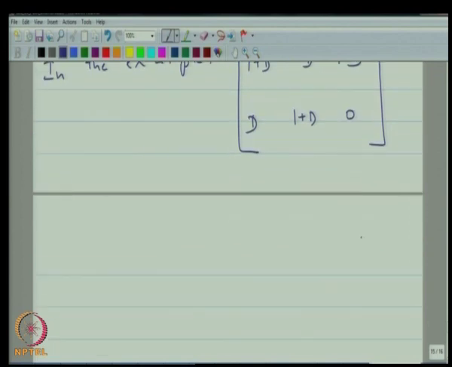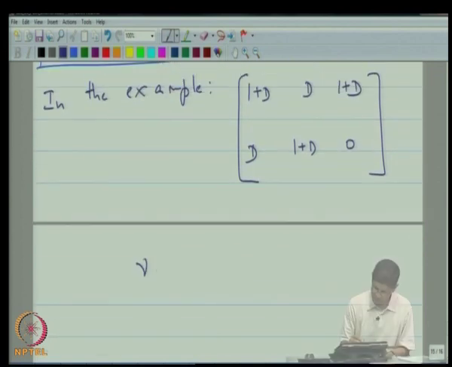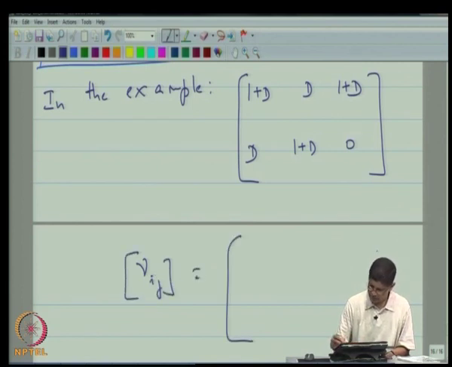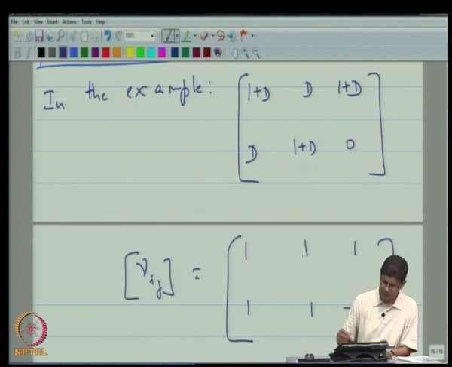So, our nu i j, if you put these in a matrix, then you will actually get 1, 1, 1, 1, 1, minus infinity.